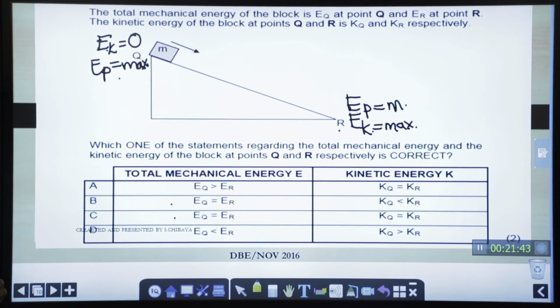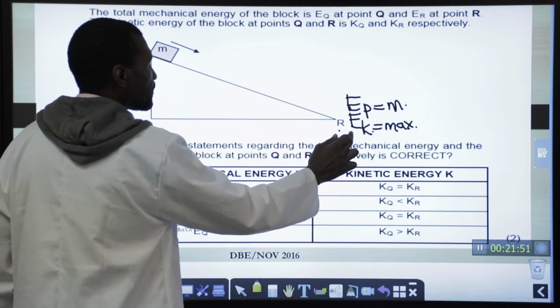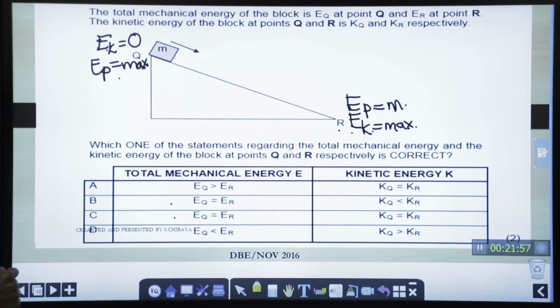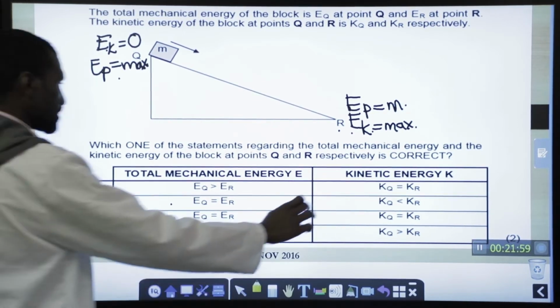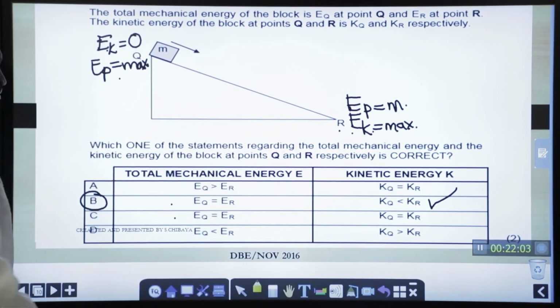How about the comparison of KQ and KR? We have agreed that KR is greater than KQ. So therefore, our correct answer is right here, B.